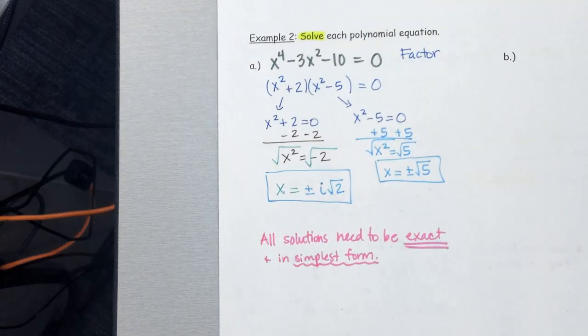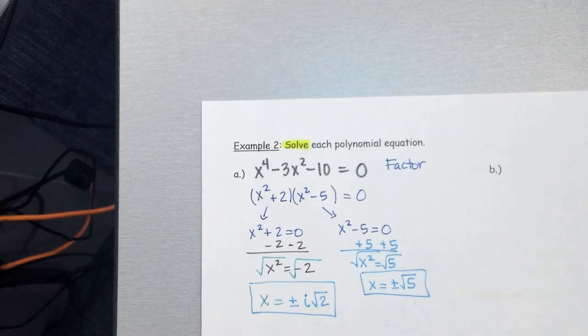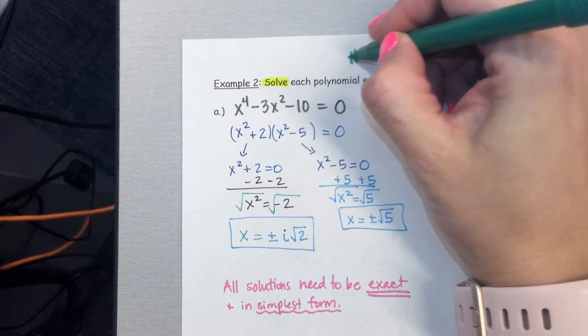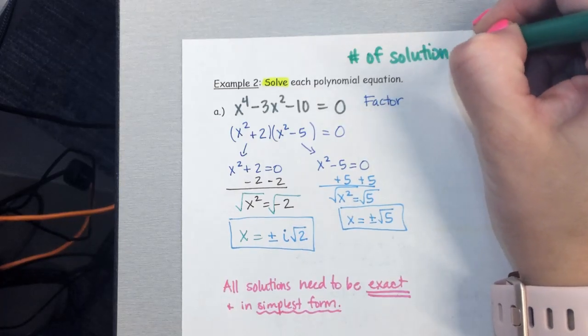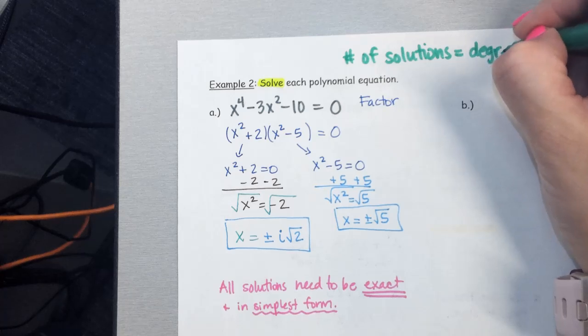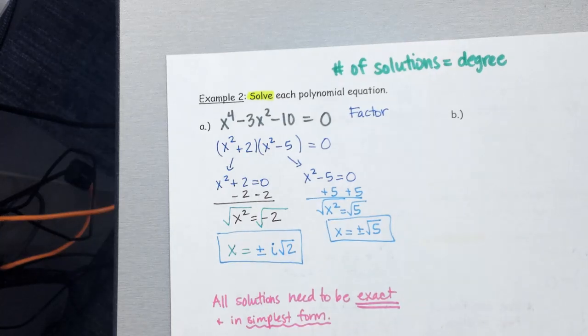Whenever you do this, the number of solutions is going to be equal to your degree. Sometimes zeros occur more than once, and we'll talk about that as well. This is called the fundamental theorem of algebra, that the number of solutions equals the degree of a polynomial.